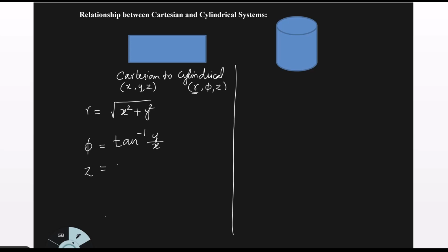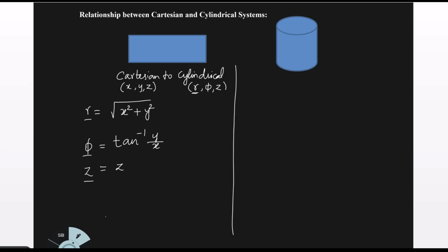Then z equal to z. These are the formulas used to convert a Cartesian system to a cylindrical system.